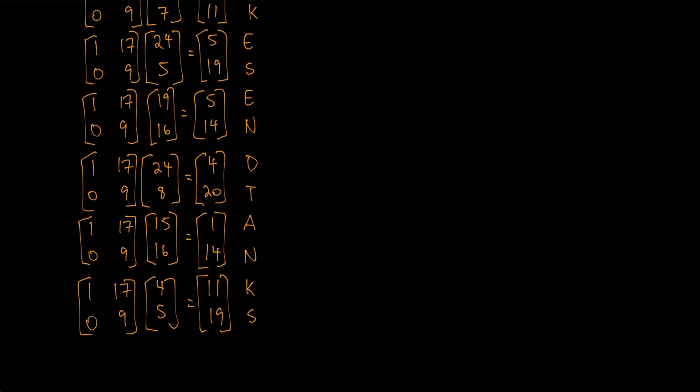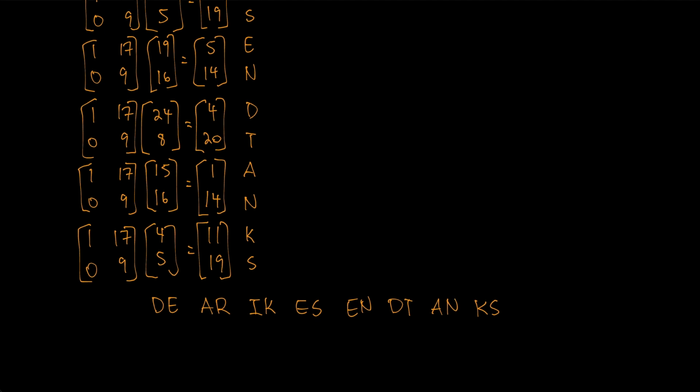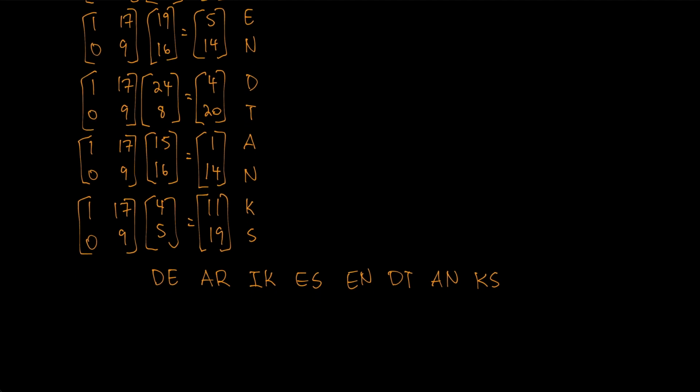So altogether, we have DE, AR, IK, ES, EN, DT, AN, KS, and if you read it maybe out loud, you might be able to put in the spaces and see that it says, Dear Ike, send tanks.